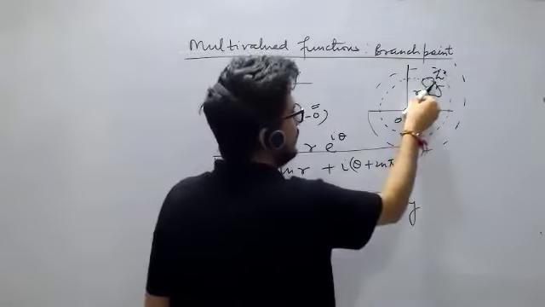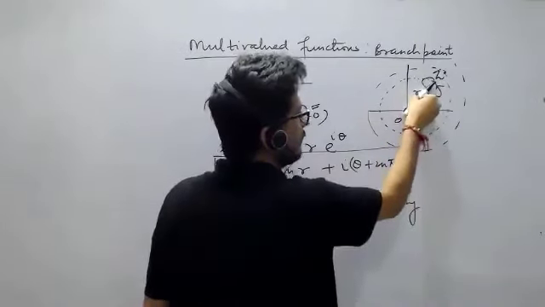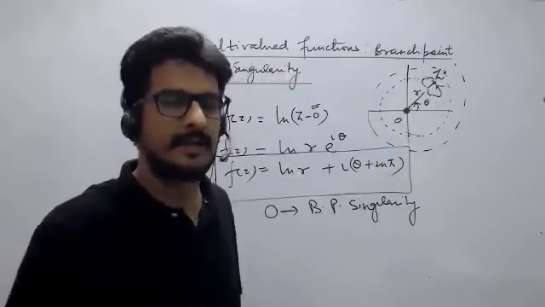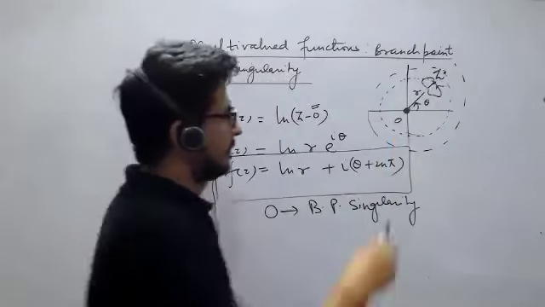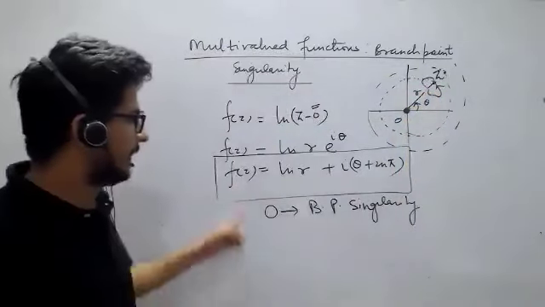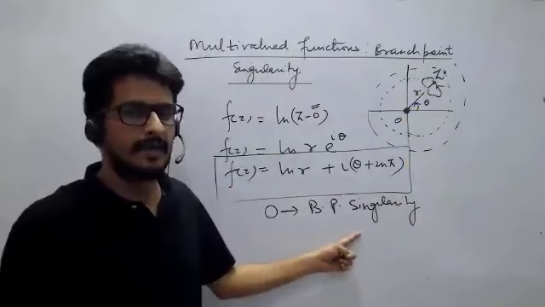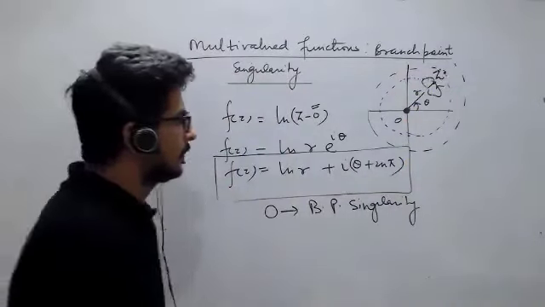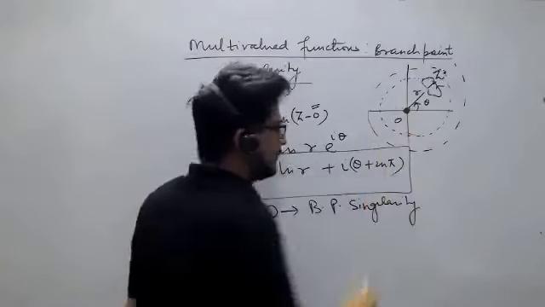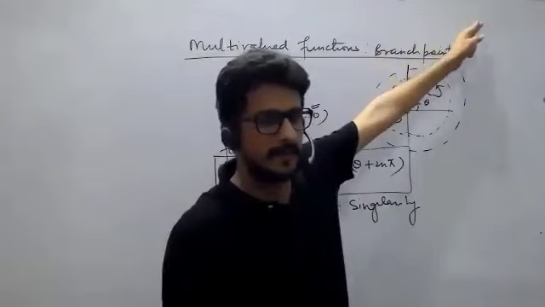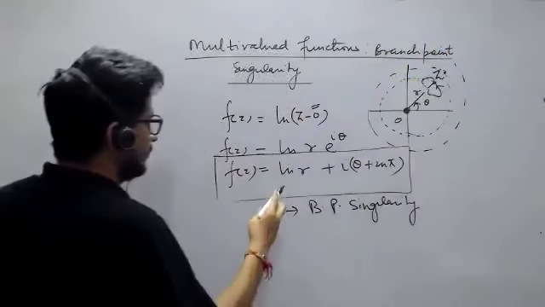See, if radius vector is like that and you move, no change in the magnitude will take place. But if you take full circle, then the addition will take place and you get a branch point singularity. So 0 is also branch point singularity, and similarly infinity is also branch point singularity. Z is equal to infinity in this case.